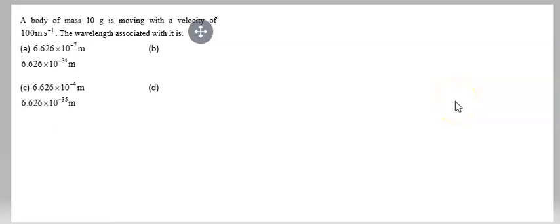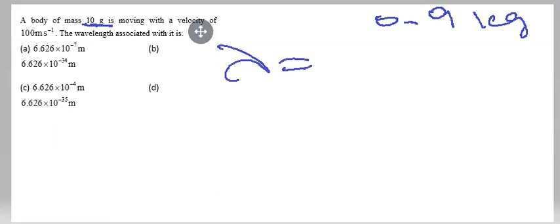The question is, a body of mass 10 gram is moving with a velocity of 100 meters per second. Find the wavelength associated with it. As the required unit is meter, we have to convert everything to SI units. So we convert grams to kg, which gives us 0.01 kg, right? We have the formula, wavelength is equal to h by mv, right?